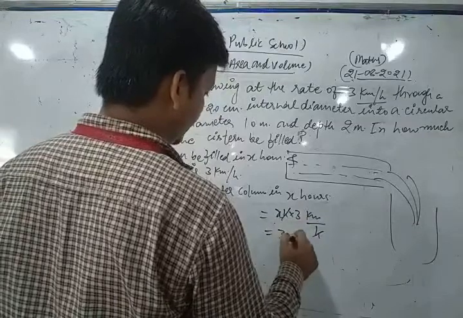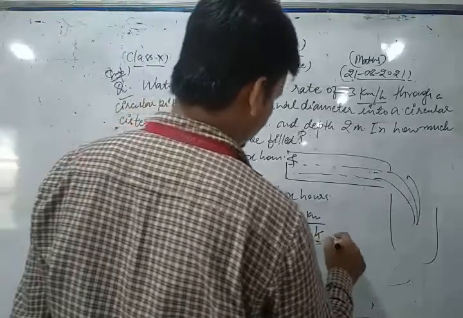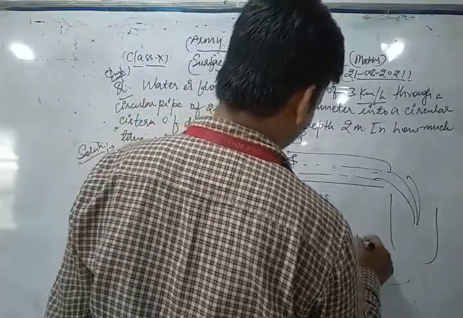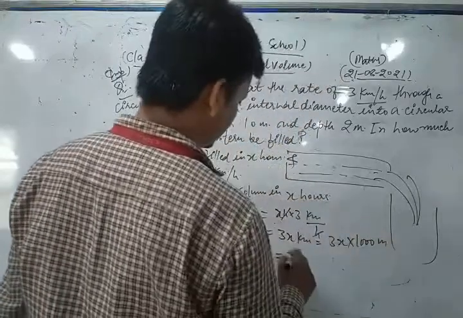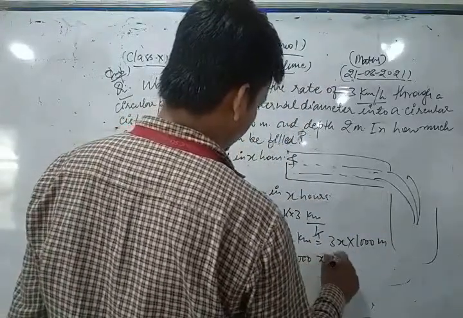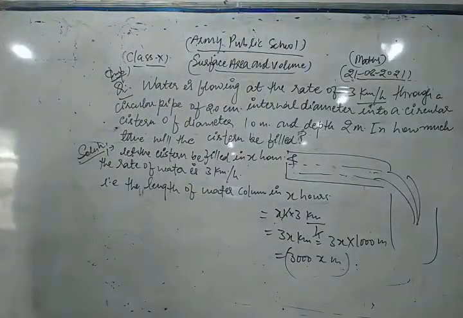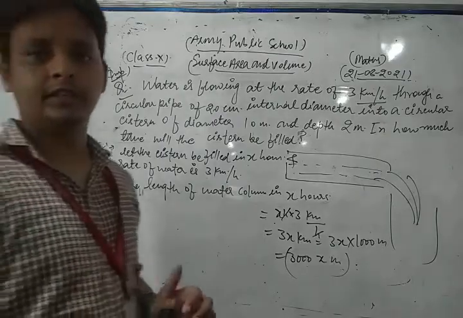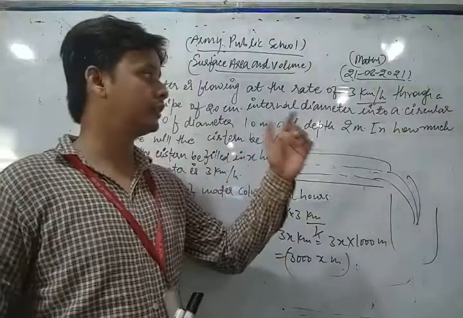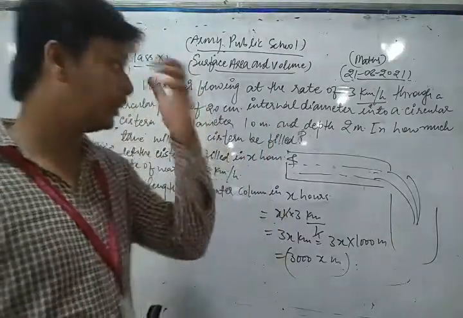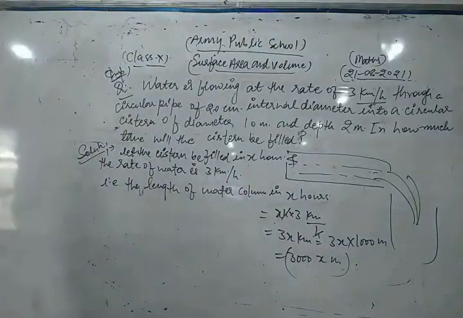So this is 3x kilometer, or 3x into 1000 meter, that is 3000x meter. So the length of the water column is 3000x meter, in which water is flowing with a speed of 3 km per hour.